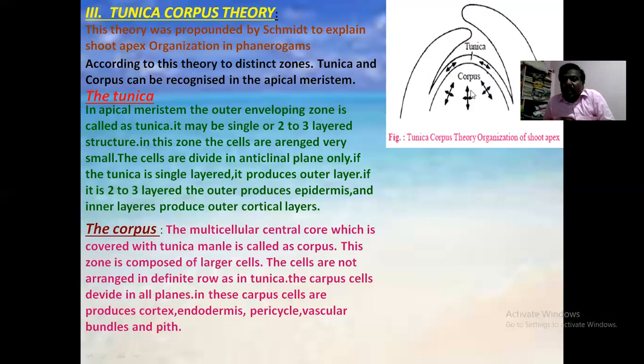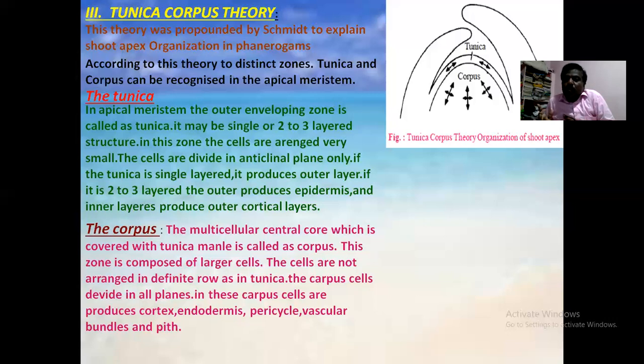The inner corpus cells divide in all planes, anticlinal and periclinal, and produce all the parts of the plant body: the cortex, outer, middle and inner cortex, the pericycle, vascular bundles, and medullary rays.